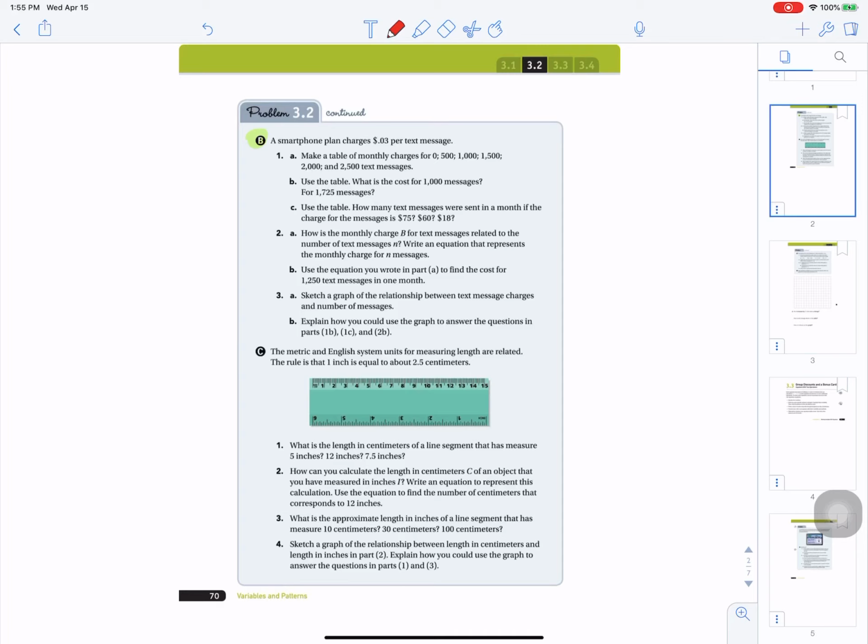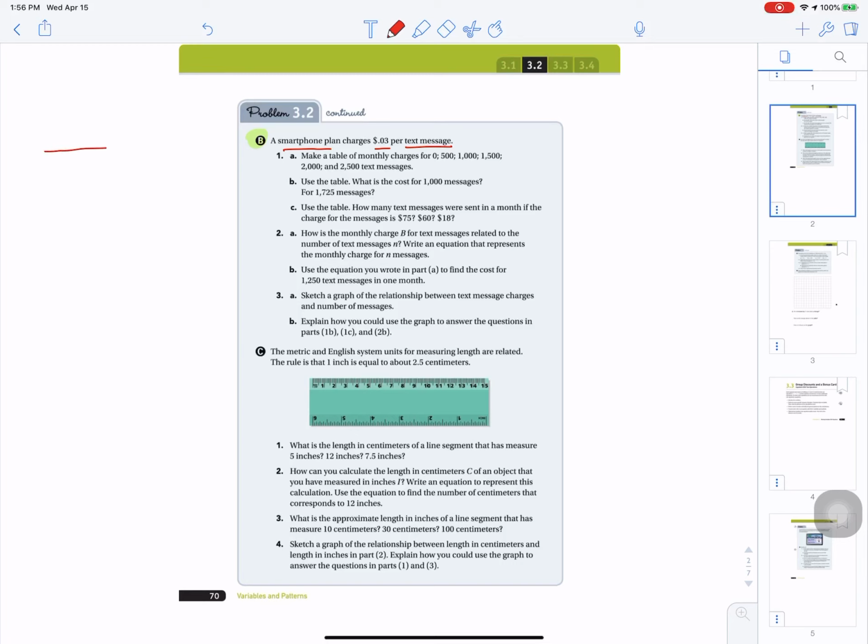So basically, it's asking if there's a smartphone plan that charges 3 cents per text message. If you were to make a table based on different monthly charges for different amounts of text messages, what would the cost be?